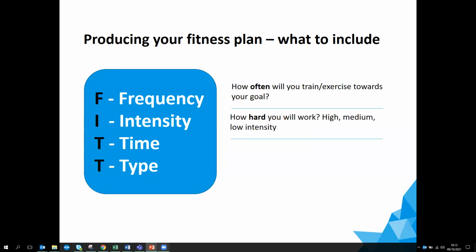So how hard will you work? High, medium, or low? And this refers to how difficult your exercise is and help provide the detail in any plan. Time. So how long will you exercise for? And type. What type of training will you do?